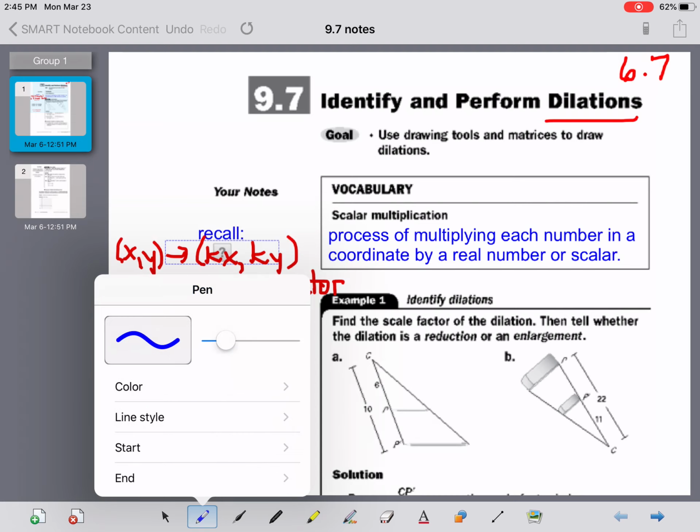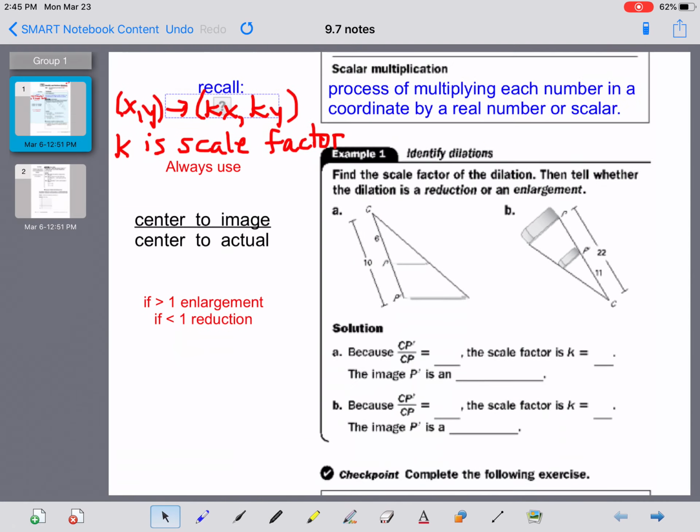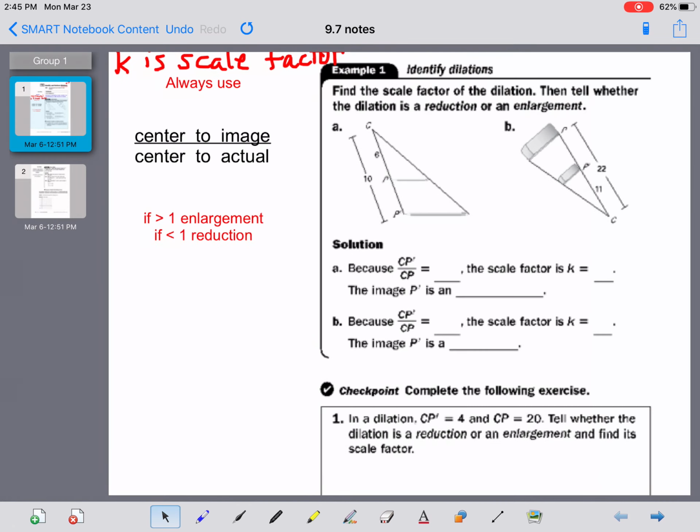So let's go down here for our examples, and you'll notice I have a couple things in the margin you're going to want to copy. So our k is our scale factor, and if you remember from earlier, k is always image over actual. But sometimes we don't have actual lengths on our image and our actual figures, so we have to find another method of finding our scale factor.